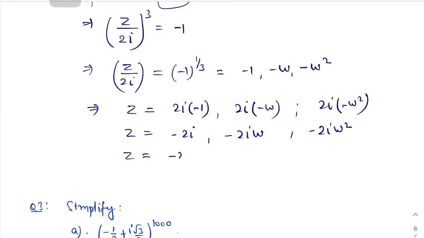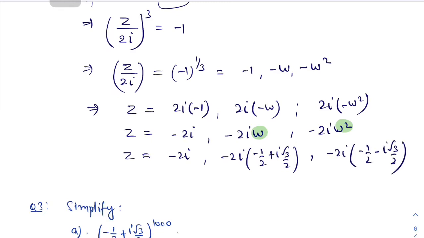Okay, we can put the value of omega and omega square. So minus 2 iota omega is minus 2 iota times minus 1 by 2 plus iota root 3 by 2, and omega square is minus 1 by 2 minus iota root 3 by 2.